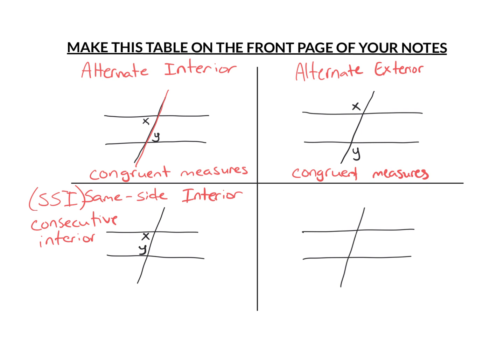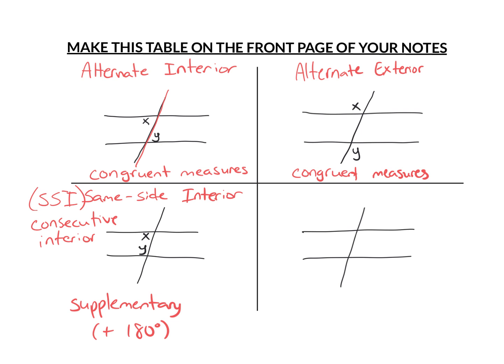They add up to a specific number. Yep, they are supplementary angles, which means they add up to 180 degrees. So same side interior or consecutive interior means that they add up to 180 degrees. If angle Y is 60, how would I find out what angle X is? Subtract from 180. Yep, good.